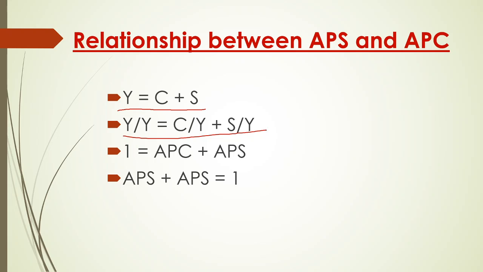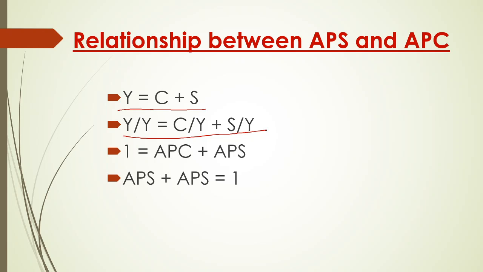Third step: Y by Y is equal to 1, right? Y will cancel, so it will be 1 equal to C by Y plus S by Y. C by Y is APC, the ratio of consumption to the corresponding level of income.